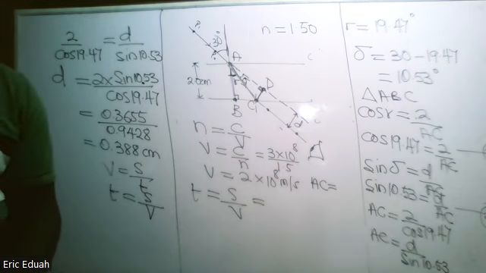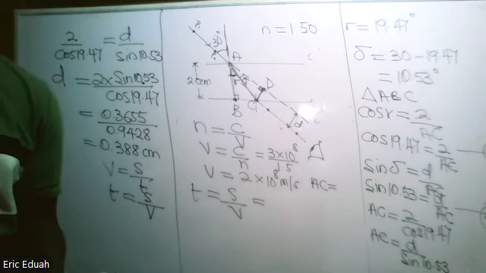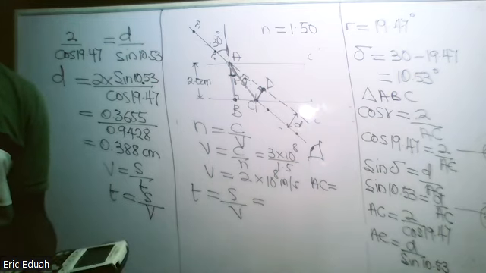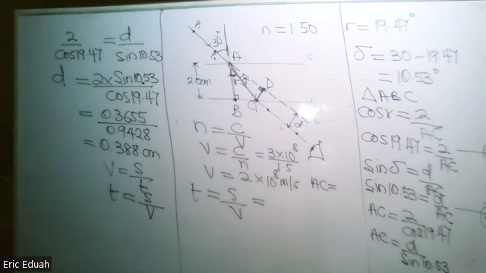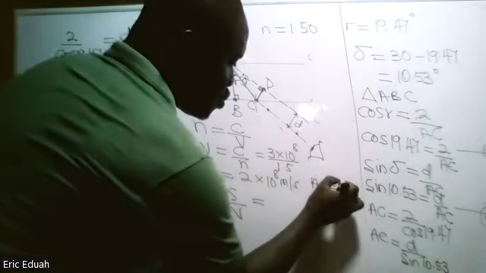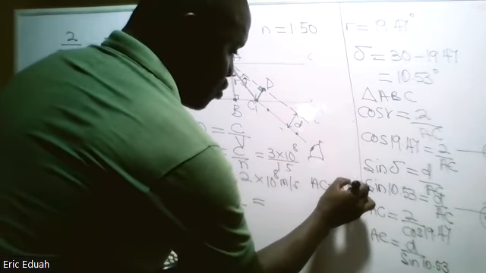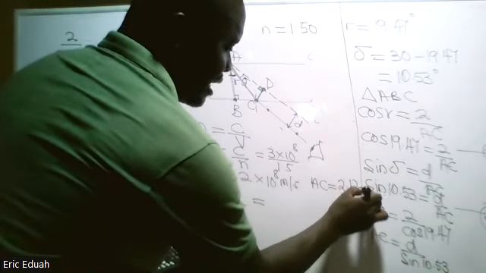Mr. Dia, please, 84.104. 84.104? I want to confirm, so that if it's not correct, I can beat you. It's not 84. It's 2.121. 2 divided by cos 19.47, Deborah. It's 2.12 centimeter.